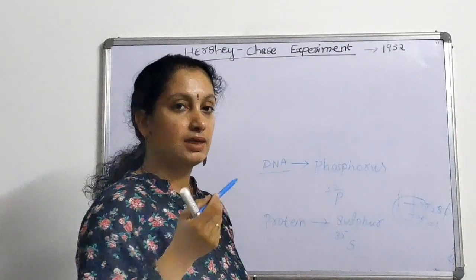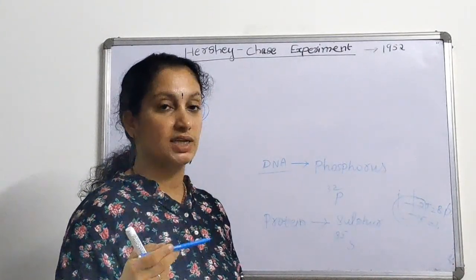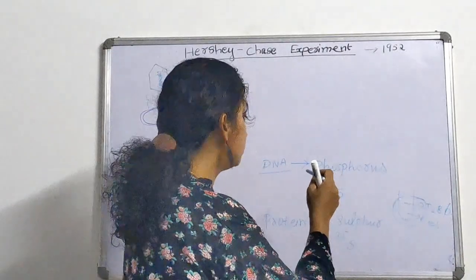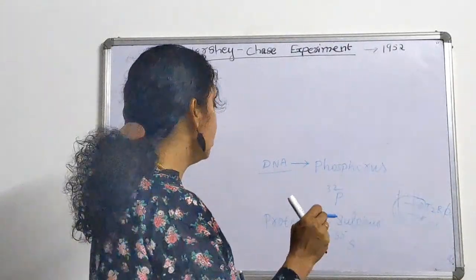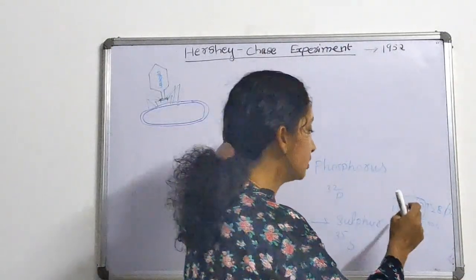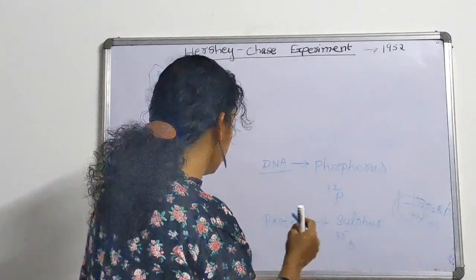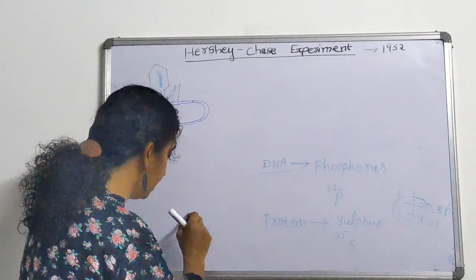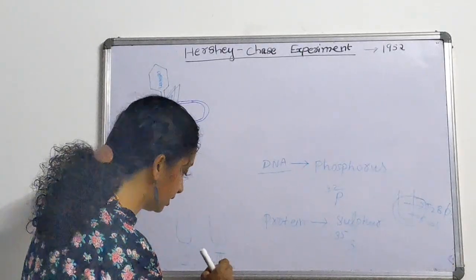Later we are going to detect whether the protein or the DNA has entered. For that, they prepared two types of medium: this is the first case and this is the second case.